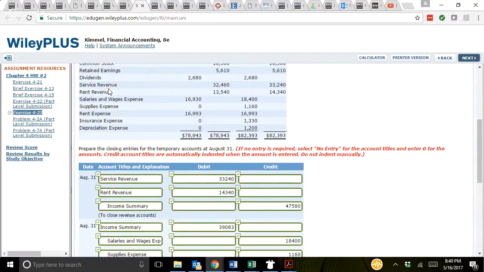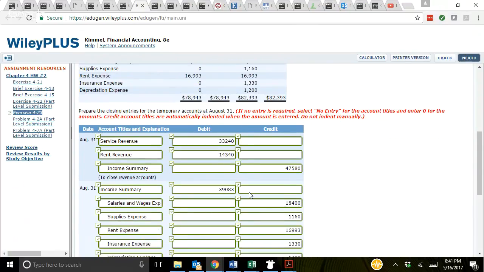So we have service revenue of $33,240, and we also have rent revenue of $14,340. We're going to debit the revenue account for that amount, and we're going to credit the income summary.